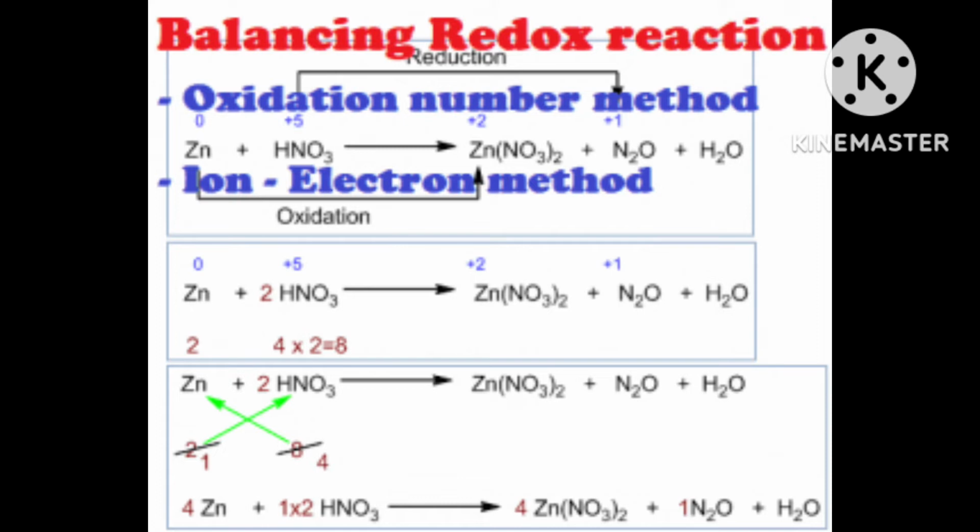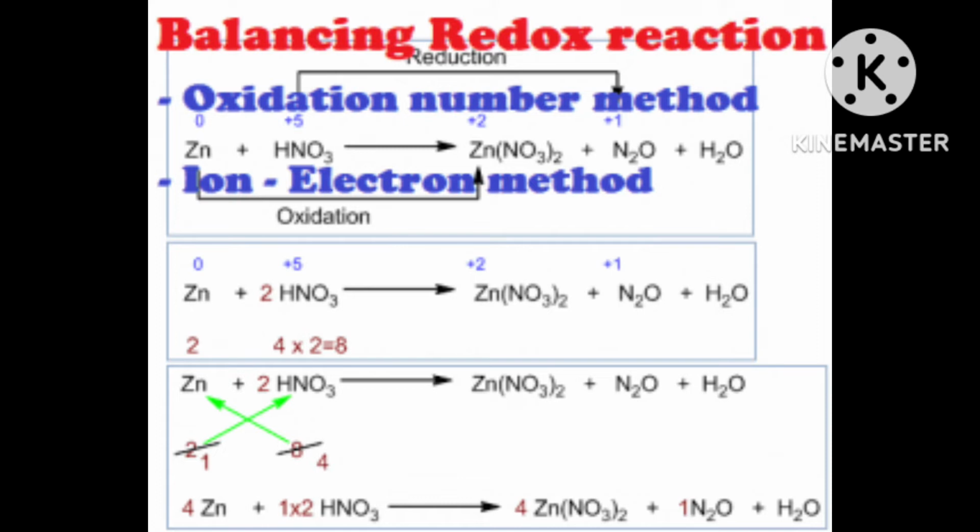For oxidation you have already written. Now for reduction you write Cr2O7 giving chromium 3+, which obviously has a +3 oxidation number. You write the oxidation number of all atoms.